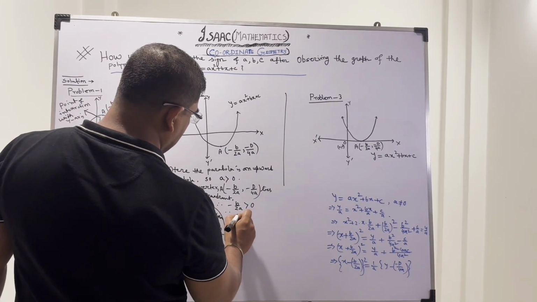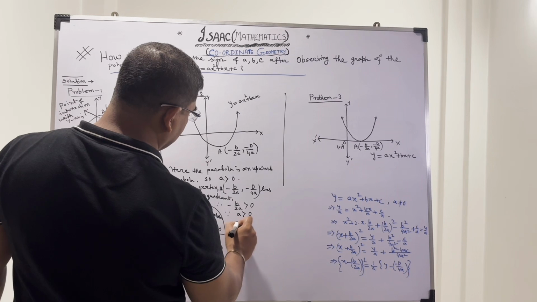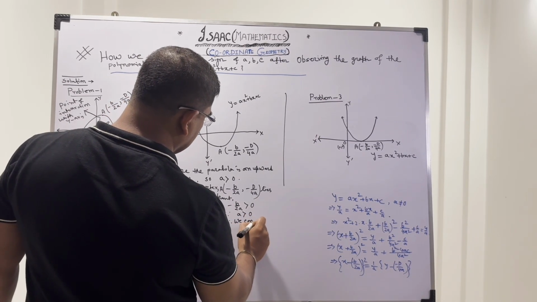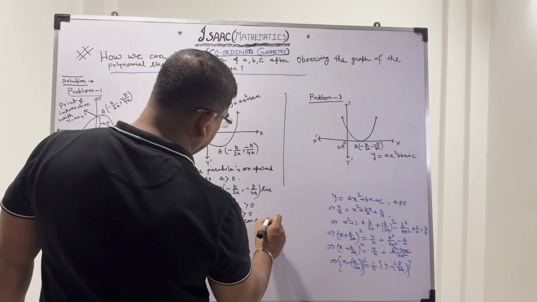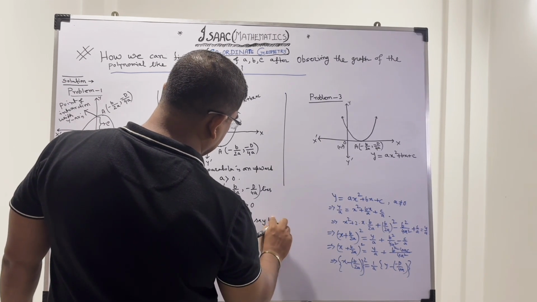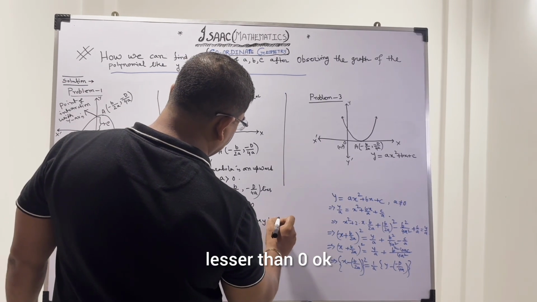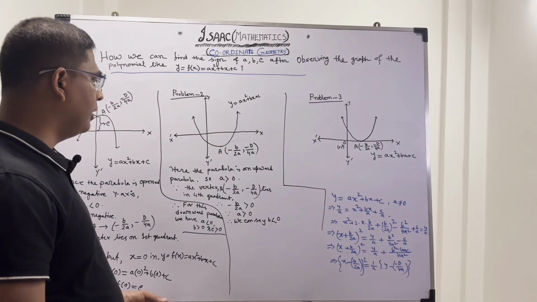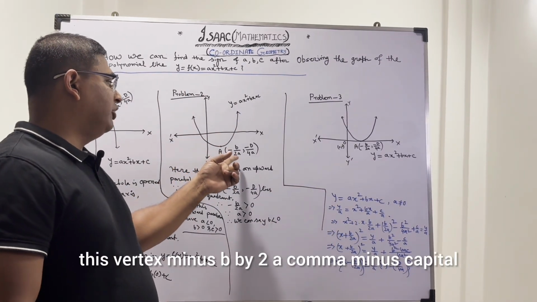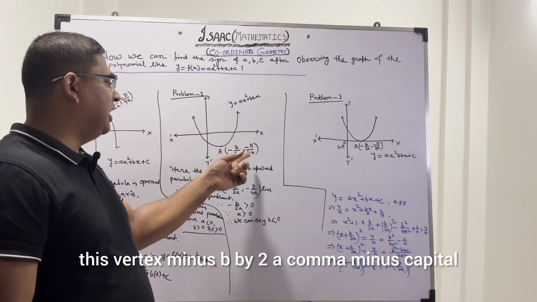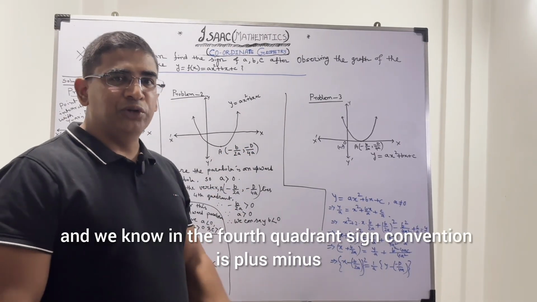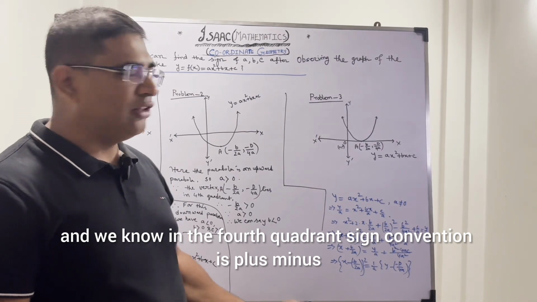Since a is greater than 0, therefore we can say b must be lesser than 0. This vertex, minus b by 2a comma minus capital D by 4a, lies on the fourth quadrant, and we know in the fourth quadrant the sign convention is plus minus.